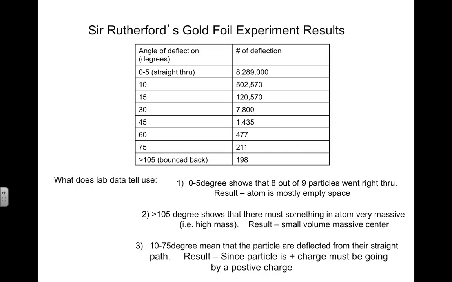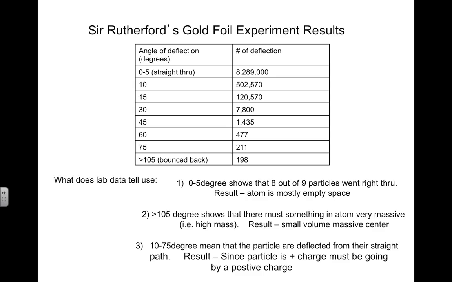That would basically mean take something the size of a golf ball and put it on the 50-yard line of Gillette Stadium. The volume of Gillette Stadium would be the volume of the atom, and the volume of the nucleus would be approximately the volume of the golf ball.